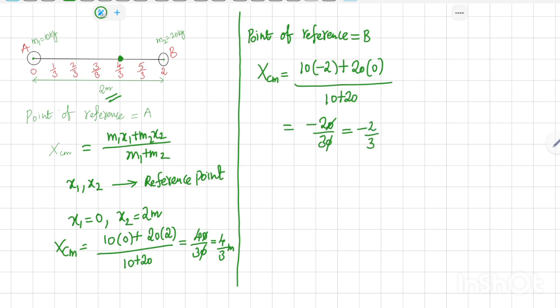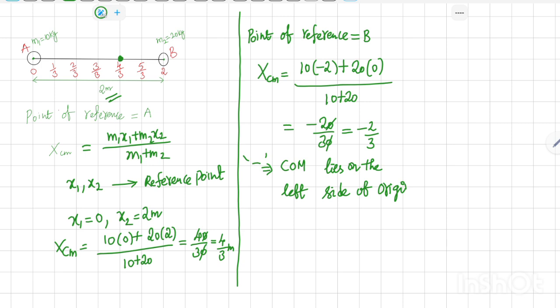What does minus indicate? Minus implies the center of mass lies on the left side of the reference point or origin.